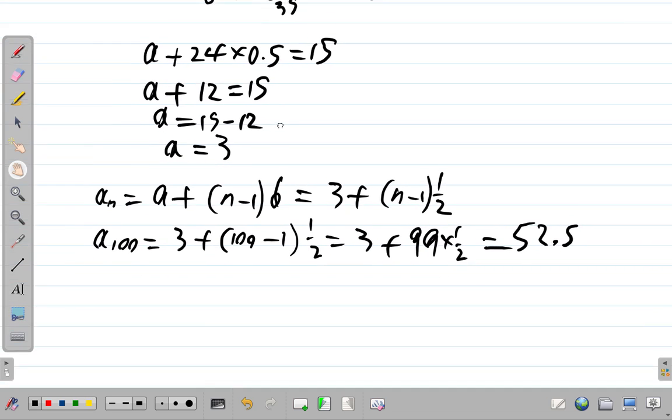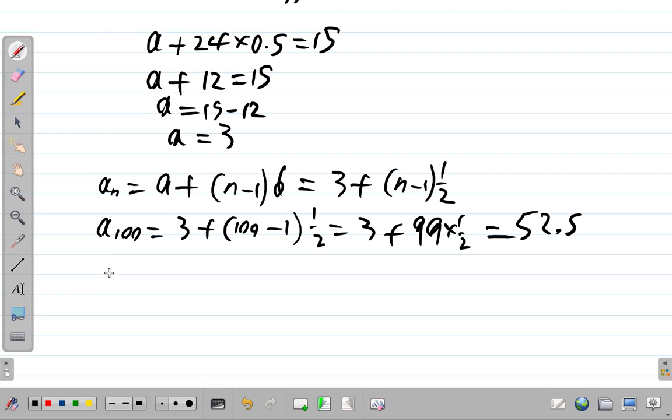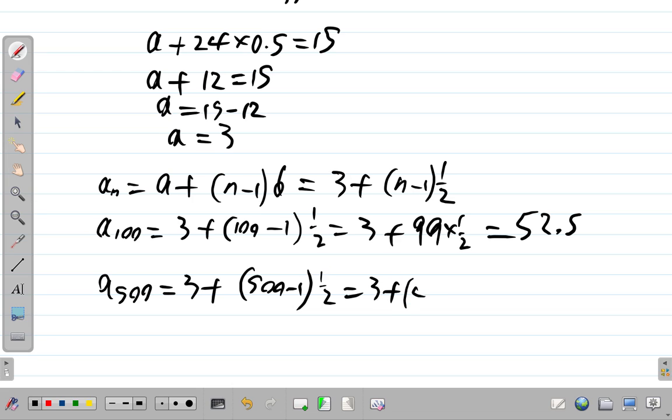Then you're asked for the 500th term. What is the term in the 500th position? Let us see. A500 would be 3 plus 500 minus 1 times a half, which is 3 plus 499 times a half. We get 499 times a half, you get 249.5.